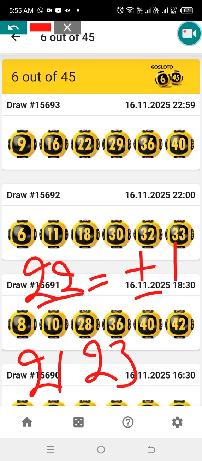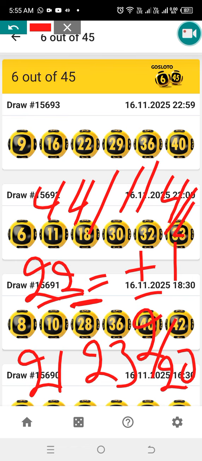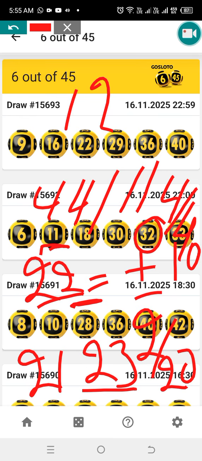Then 22 divide and multiply, we have a 44 and 11 when you divide. 22 is just a 2 or 20. 22 again is a 4 because the 2 plus 4 is a 4 and a 40. So those are the numbers. So that is 11 for us sitting there. 23 sitting there as 32. Even if you say minus 10 is a 12 and a 32. 32 is sitting there. Alright, and then we keep 22 as a main, and you can see 26 sitting there, even the spin of 4.